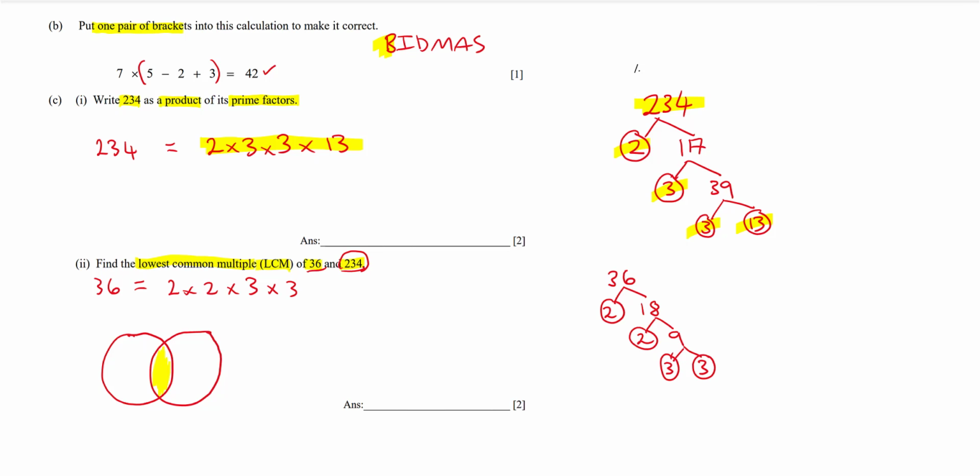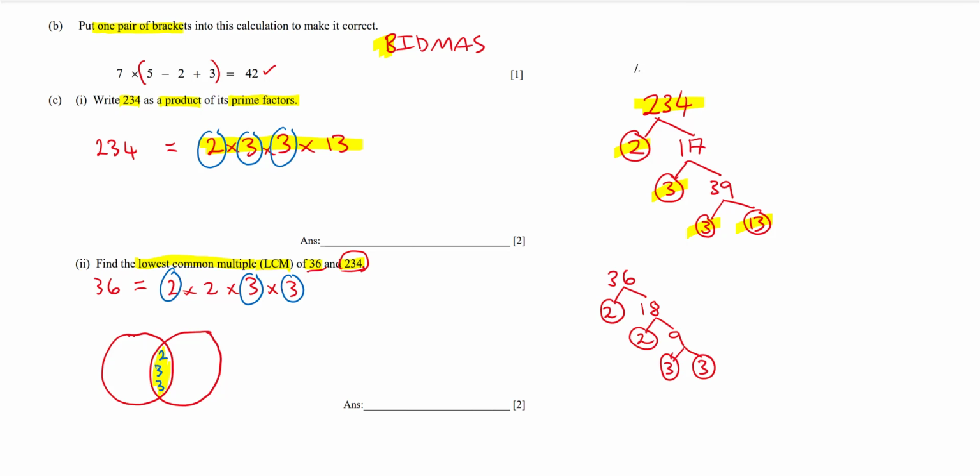So if we look at the product of prime factors, they've both got a 2, and they've both only got one 2. So I'll put a 2 in the middle there. And we've got 3 in common, so I'll write a 3 in there. And we've got another 3 that's in common, so we've got a 3 there.